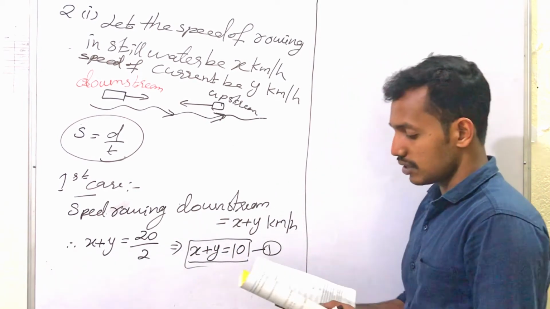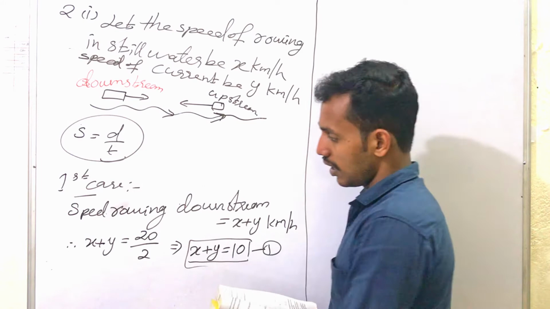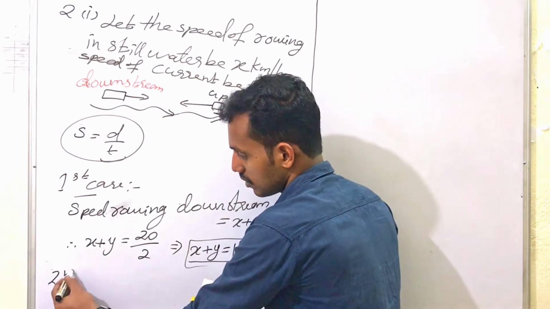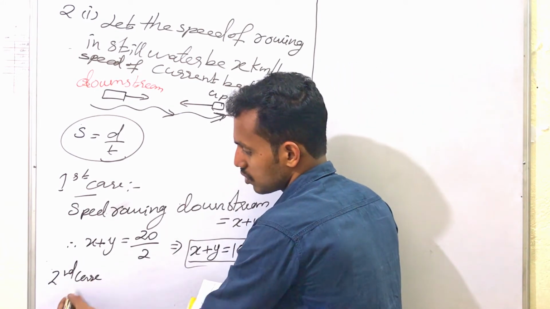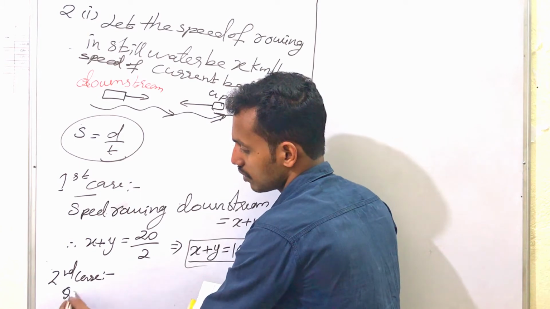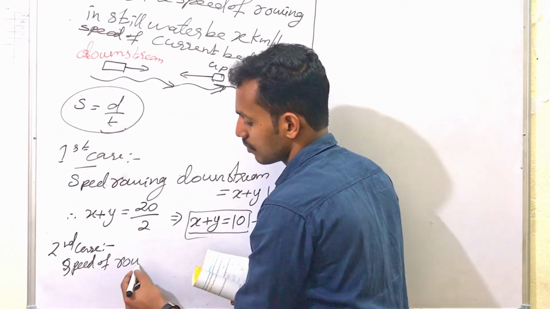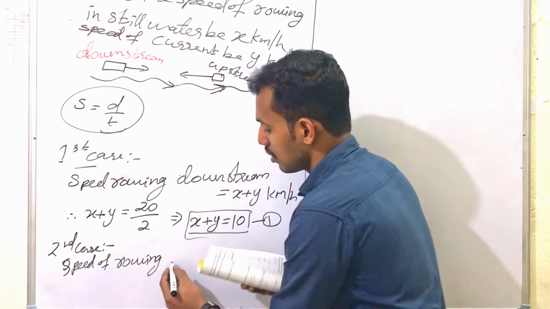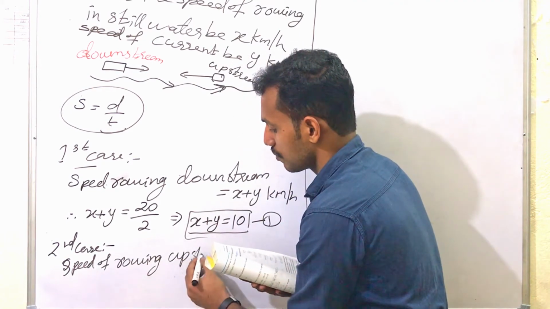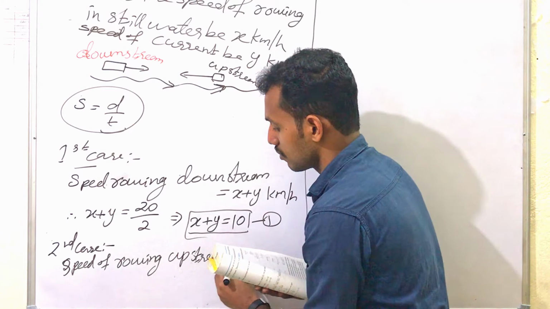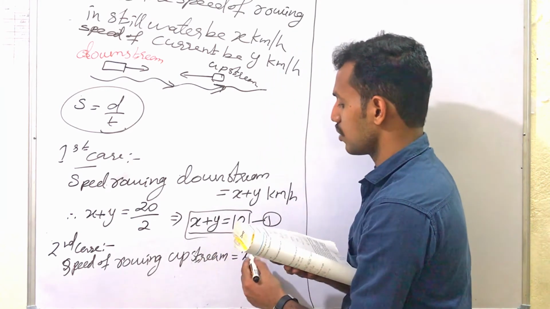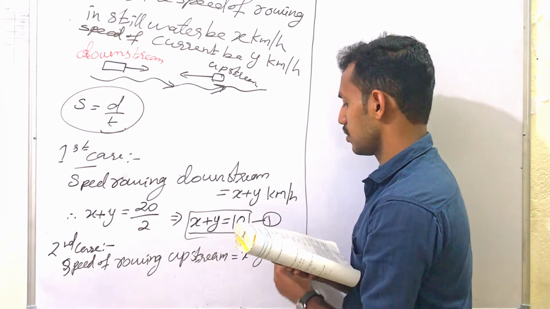What is the second condition? In the second case, the speed of rowing upstream is equal to x minus y kilometer per hour.